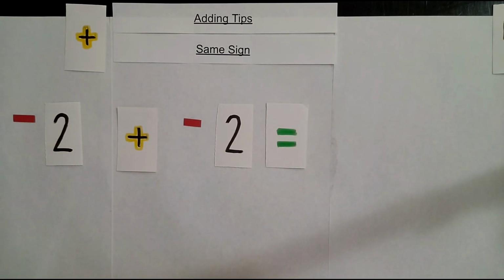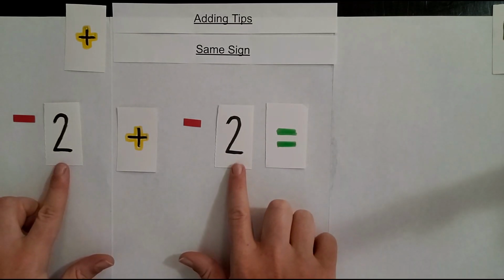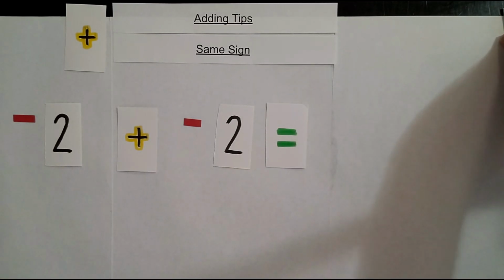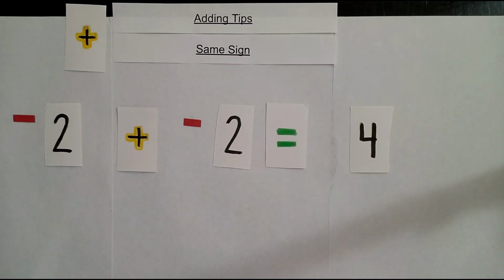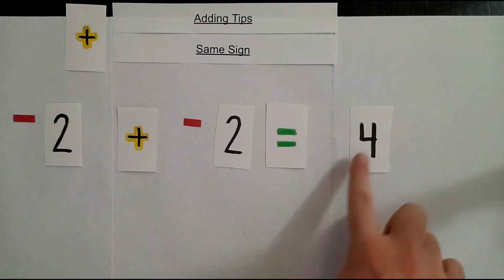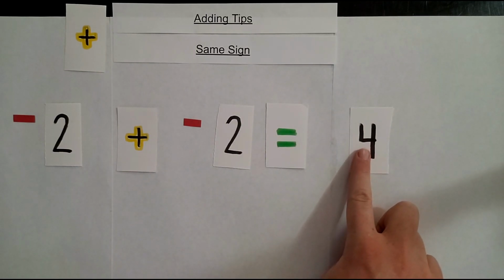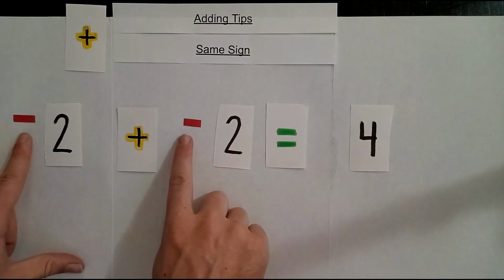So the tip that we said is that if both numbers have the same sign, then you add the numbers together. So 2 plus 2 is going to be equal to 4. But the sign in front of this 4 has to match the sign of the numbers that you started with.